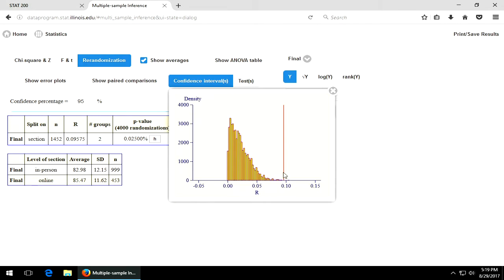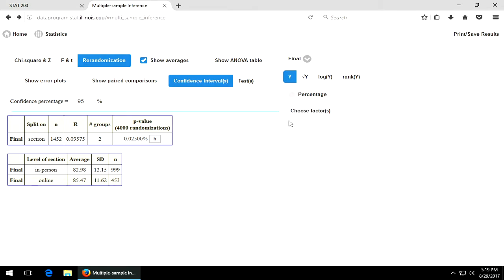So that's the idea, and we can do more. So we'll do more re-randomizations and more and more. Each time this is a simulation. It's not done analytically. Let's look at it now after 41,000 randomizations.